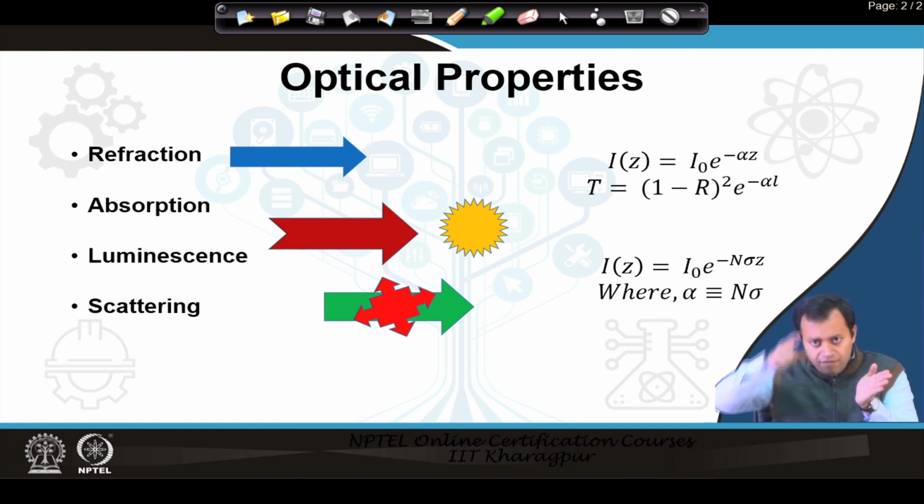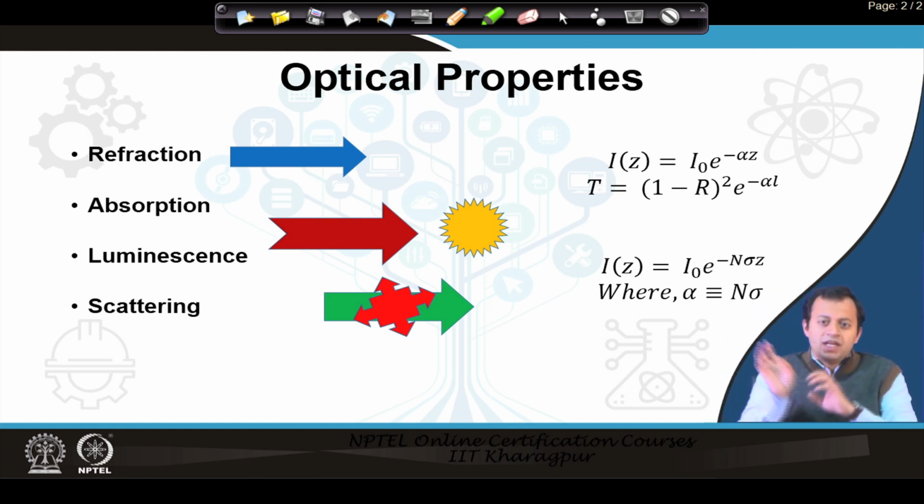So, before the electromagnetic field can come back to its original position, have a 360-degree phase, it has encountered many different random charged particles which is going to scatter the photon in different direction.